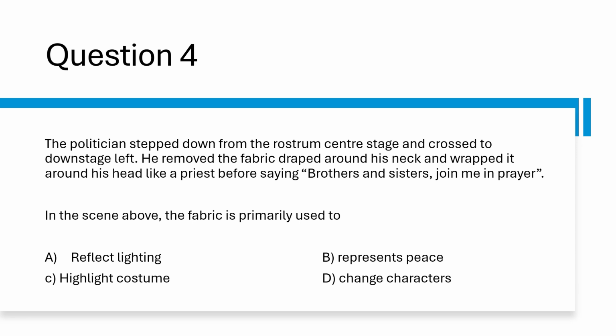And so you would not necessarily see it as a matter of highlighting the costume, but the best response would be D, change of characters, because as the politician he wore it around his neck, but as the priest who is about to pray he tied it around his head. So it's not highlighting the costume but more to show that I'm changing characters from a politician into a priest. And so therefore the best response here is D.